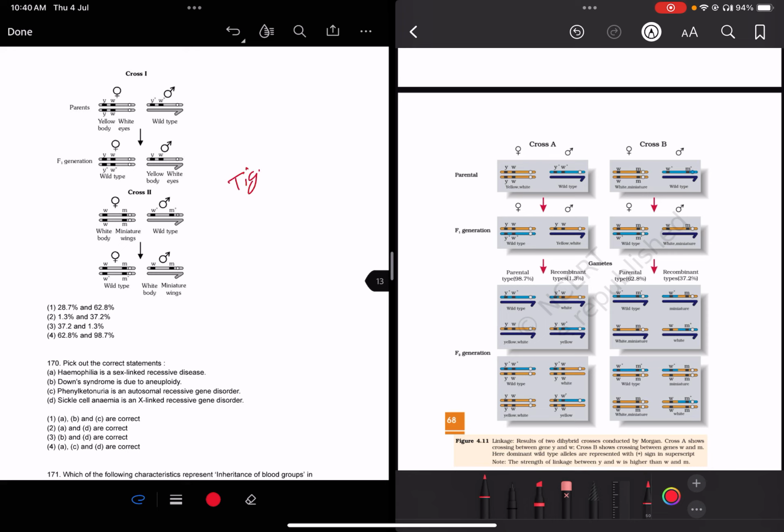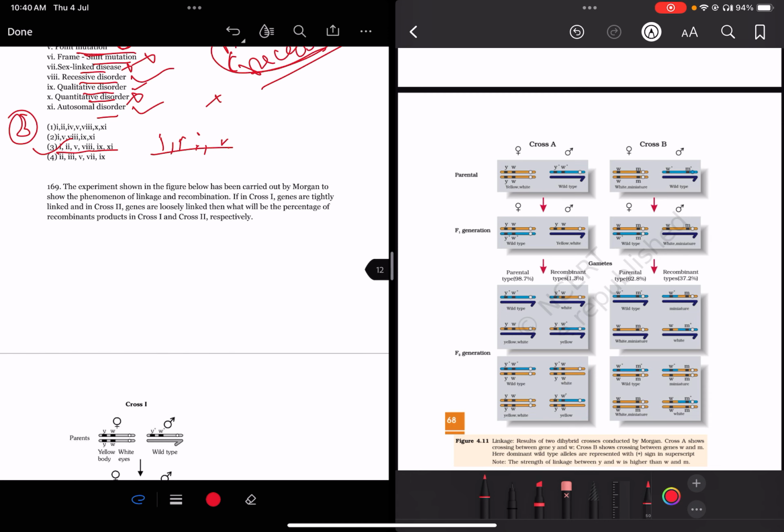Tightly linked means recombination is low or high? Recombinants decrease, recombinants low. Loosely linked means high recombinants. So here, tightly linked first one low, loosely linked the other high. Here two conditions are shown in the figure, carried from cross 1 and cross 2.